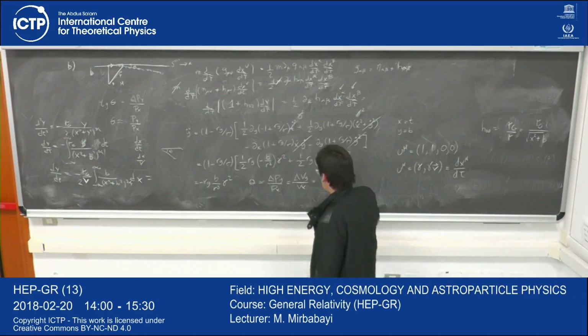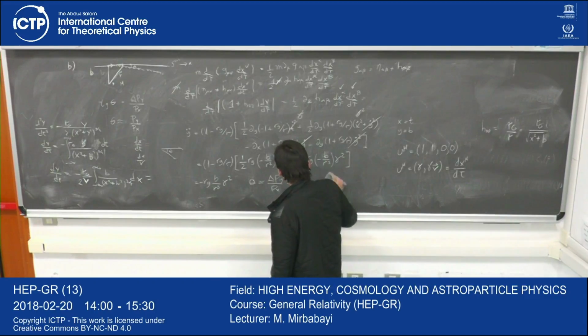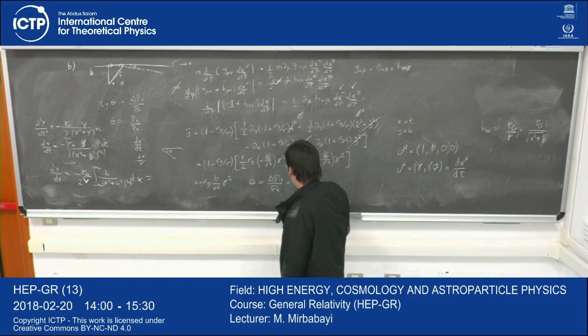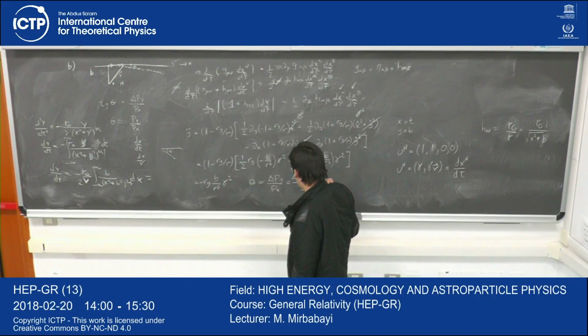You substitute. For px it would be the energy. Okay. And this would be delta gamma.